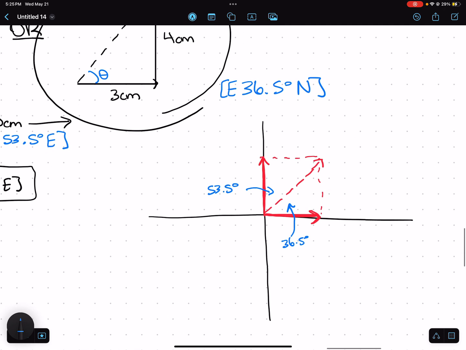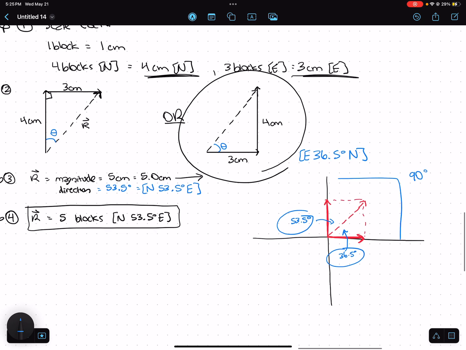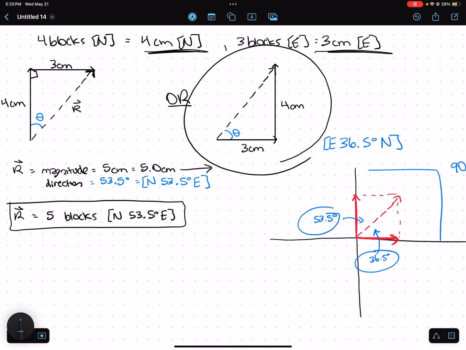As long as both of these numbers add up to 90, which is how much this quadrant is, we are all good to go. I hope that makes sense. Taking both those triangles, drawing one this way, one this way, the angles are the same, you're just measuring from a different axis point. As long as they add up to 90, you are good. All right, I am tired of blabbing.